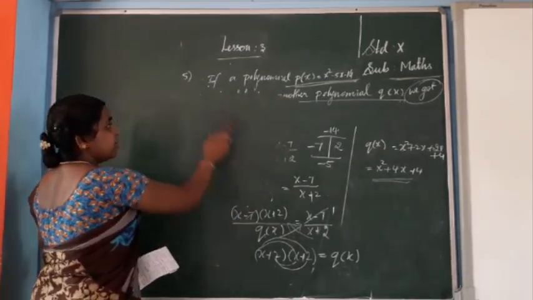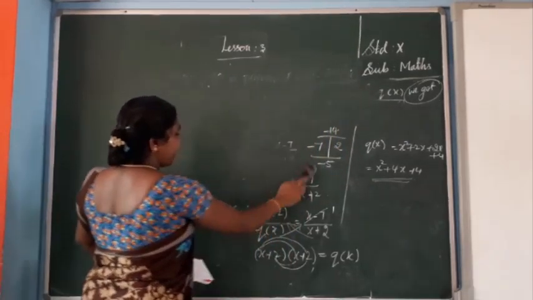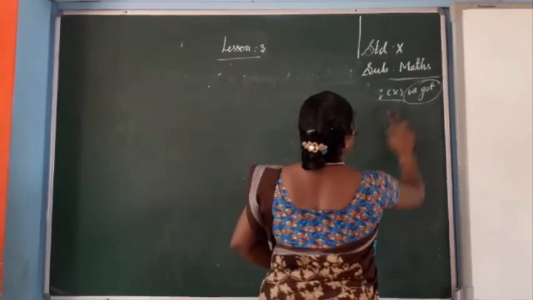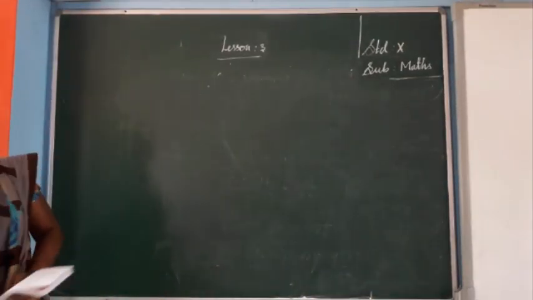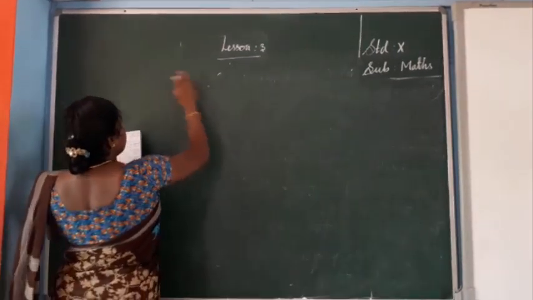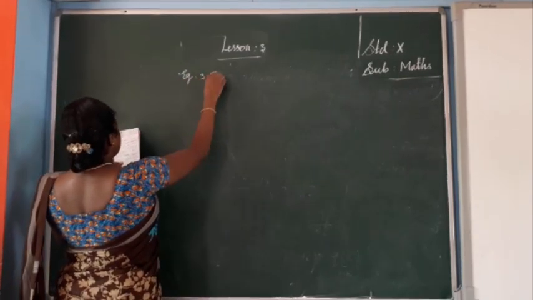Next concept, addition and subtraction of rational expressions. Example 3.17.